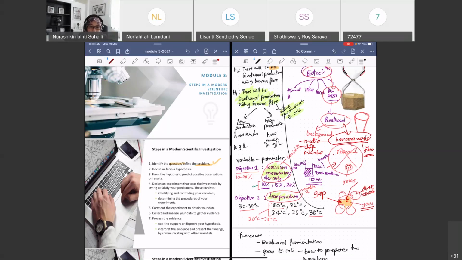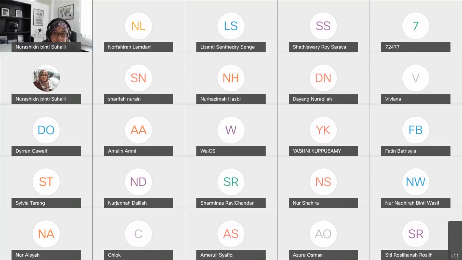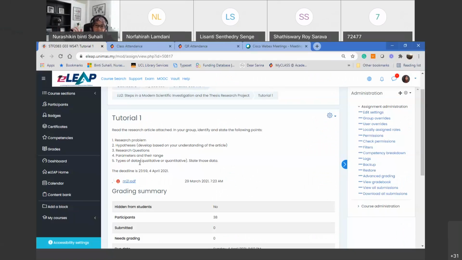If you understand these things, it's not difficult to identify them. You just extract things like data from the article: this is qualitative, this is quantitative, and you have to mention it. Parameters, you just identify from the article.